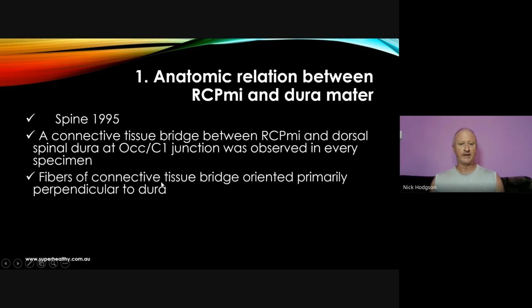So fibers of this connective tissue bridge are oriented primarily perpendicular to the dura. So when we're talking about the spinal cord being suspended in the center of the spinal canal, this is critical with this orientation and the structure of these fibrous attachments.